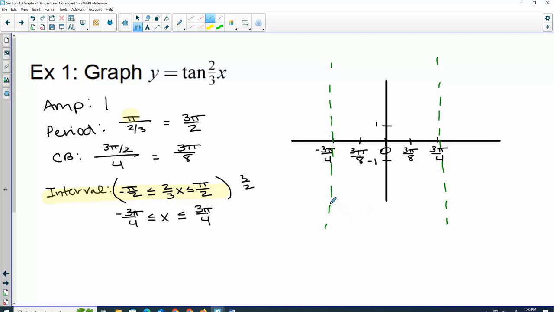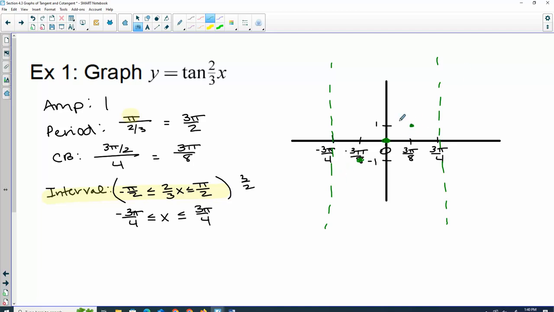And tangent is always increasing, right? So both ends are the asymptotes. The middle is my 0. Tangent should be rising. So at negative 3 pi over 8, I will be at my negative amplitude. So I'll be at negative 1. If my amplitude were 2, I would have been at negative 2. And at positive 3 pi over 8, I'll be at positive 1.